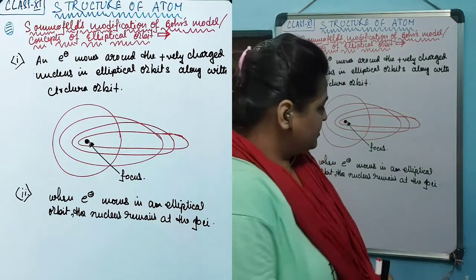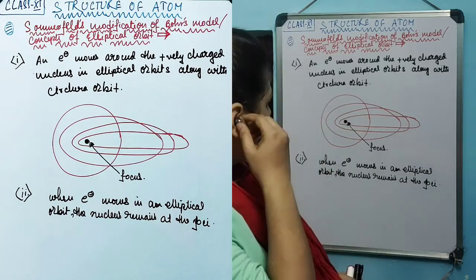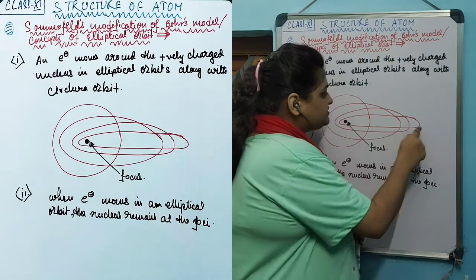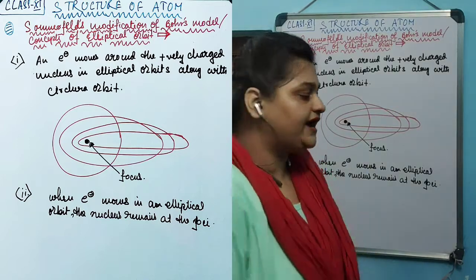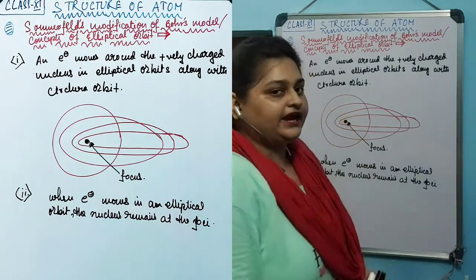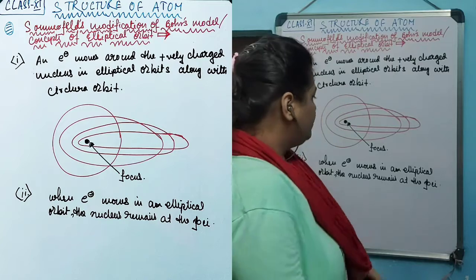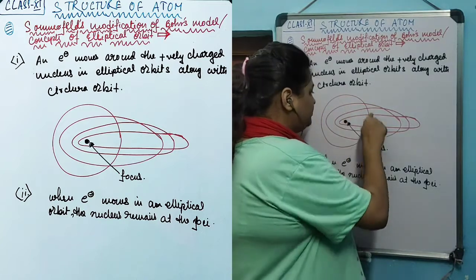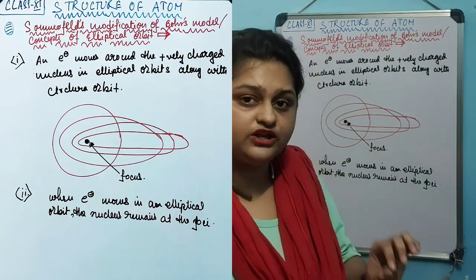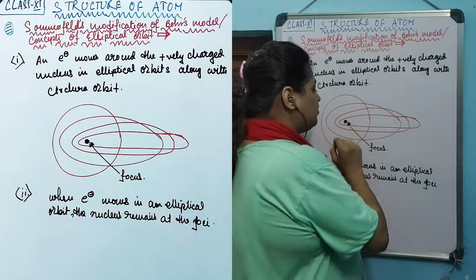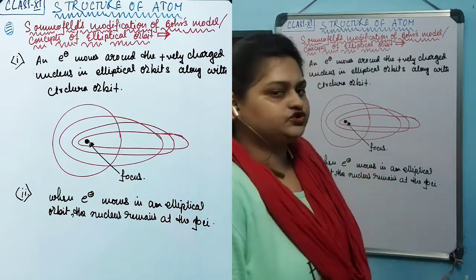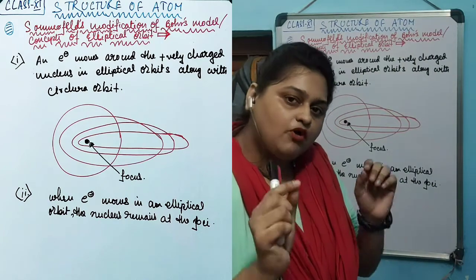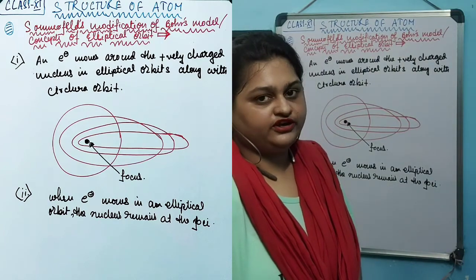And he also said that when the electron is moving in an elliptical orbit, the nucleus will be situated at the focus of that elliptical orbit. But when it is moving within a circular orbit, the nucleus will reside at the center of that circular orbit. That was the first two suggestions or modifications that Sommerfeld gave.